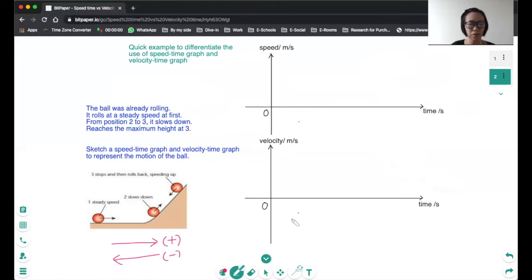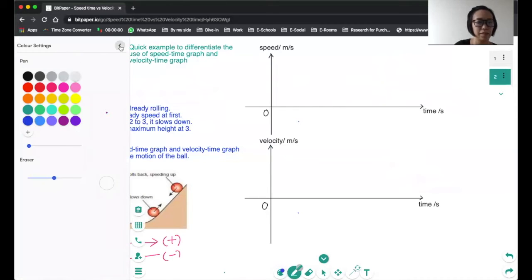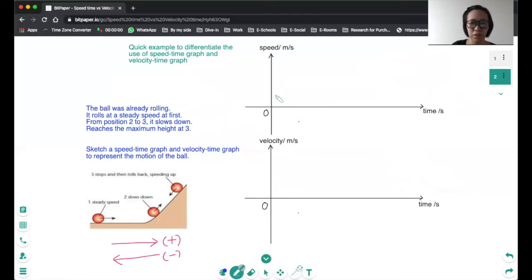All right. Let's look at a speed time graph first. From position 1 to 2, it is moving at a steady speed, which means constant speed. So it will be a horizontal straight line. That will be your position 1 to 2.